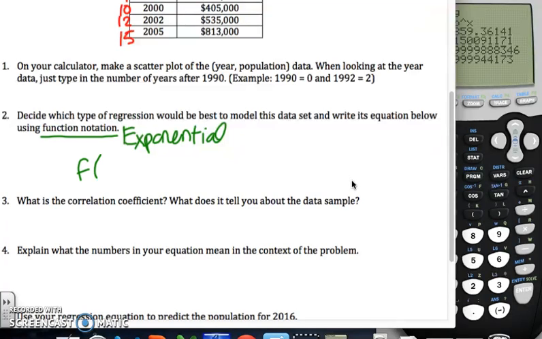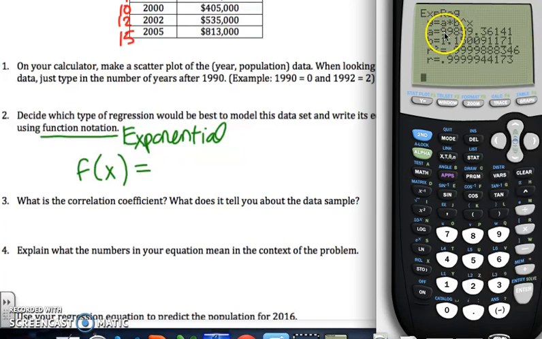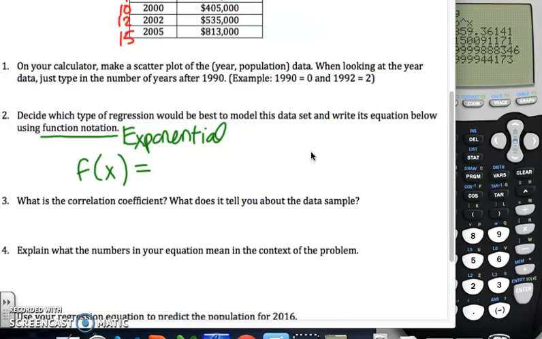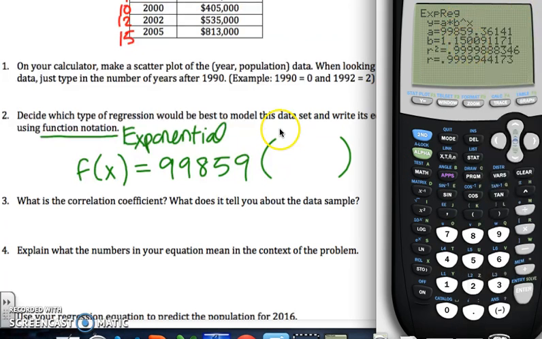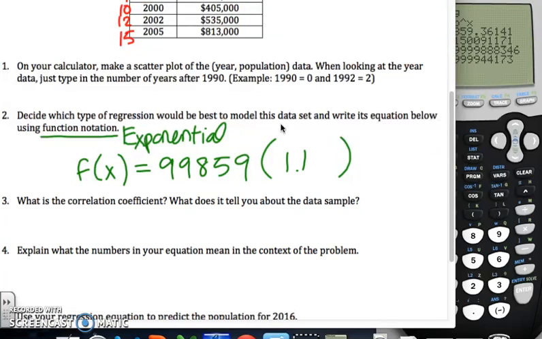So again, function notation is f of x equals, and then your equation. So my A value was 99859. We can't have 0.3 of a person, so we're going to leave it like that. And then my B value was 1.15. So 1.15, raise it to the x power.